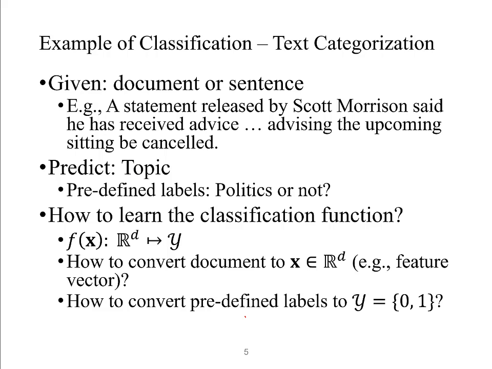So the objective is to predict the topic of the document, and the topic would be in the predefined labels. If we consider a binary classification problem, the labels would be whether it is politics or not. If it is multi-class classification, it could be politics or sports or entertainment or other, right? Different topics.